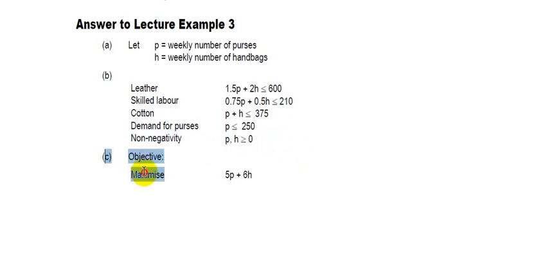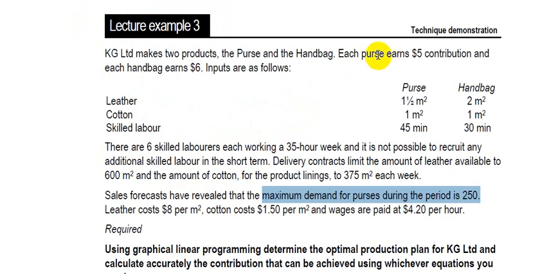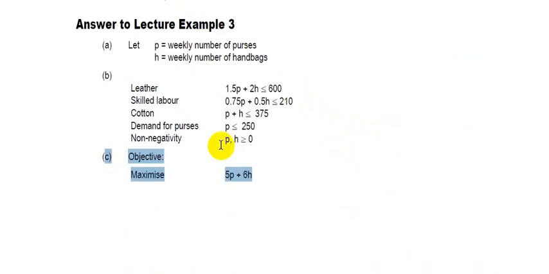Our objective function. Each piece earns 5 contribution and each handbag earns $6 contribution. So our objective function is to maximize our contribution.